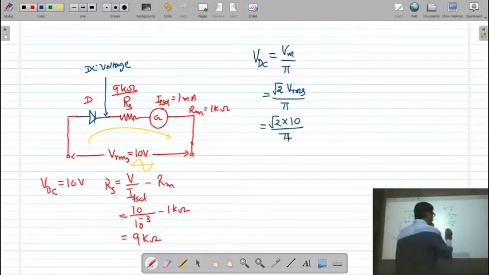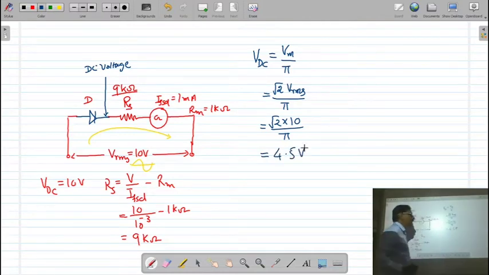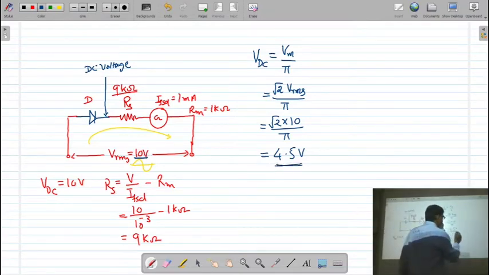And if you calculate this, it will come out to be 4.5 volt. What it means is that my AC input voltage is 10 volt, but the meter will not indicate 10 volt, it will indicate 4.5 volt.